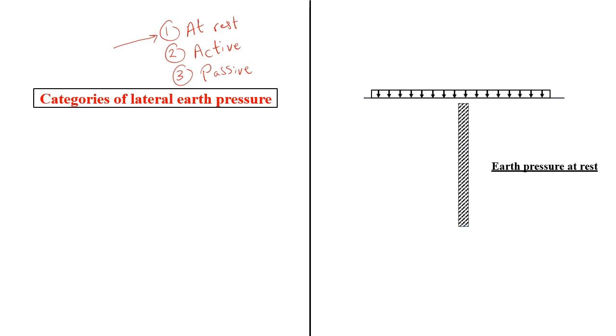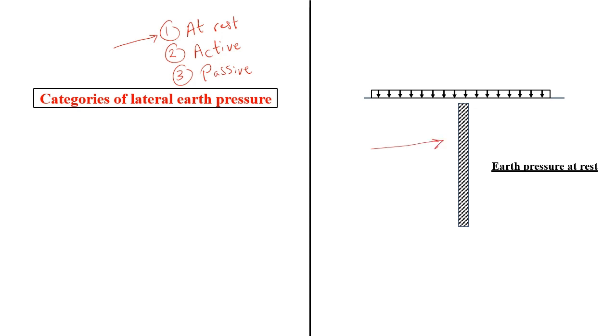To define this type of lateral earth pressure, we have to imagine that we have a retaining wall or any underground structure which is embedded completely in the soil, like this one.